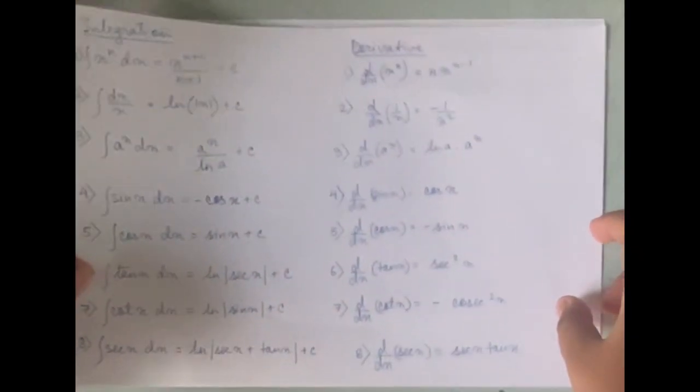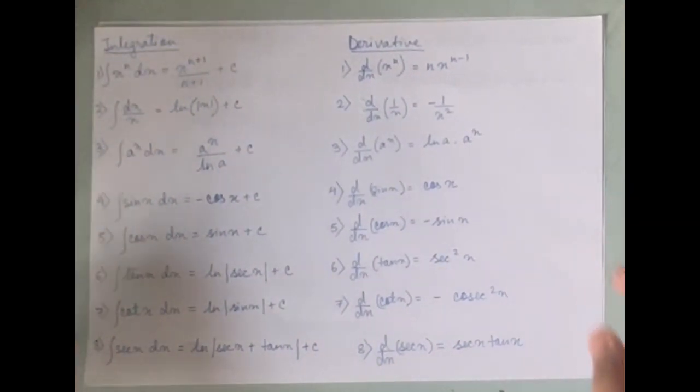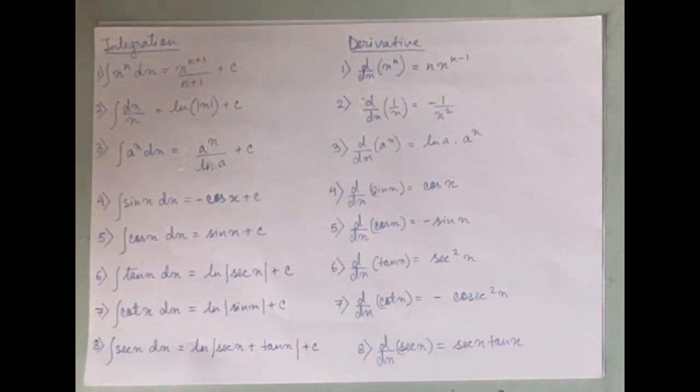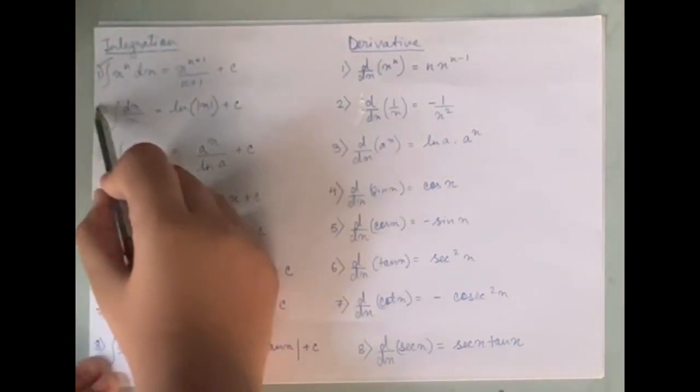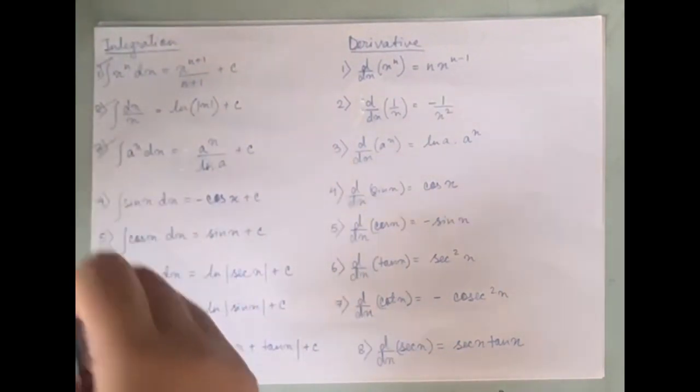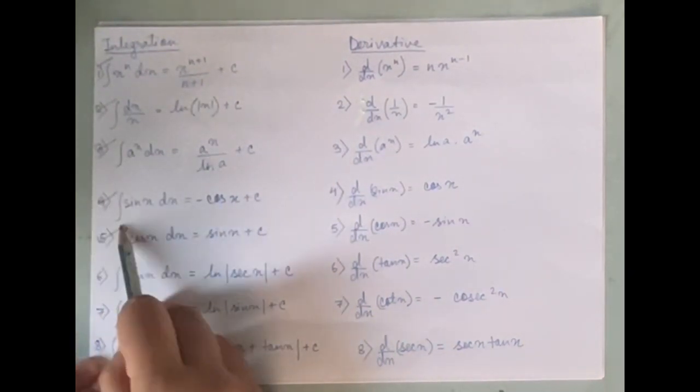In the beginning of this video, I said that integration is antiderivative. I will certainly justify this statement, but before that, just have a look at these formulas. These are the integration and derivative of some important functions, among which the important ones for integration are this one, this one, this one, this one, this one.